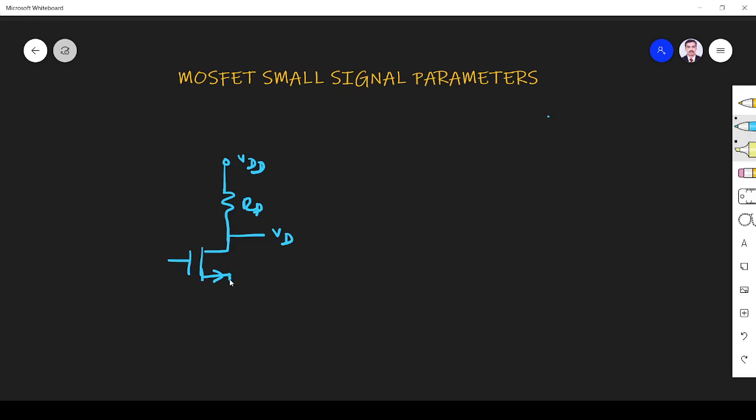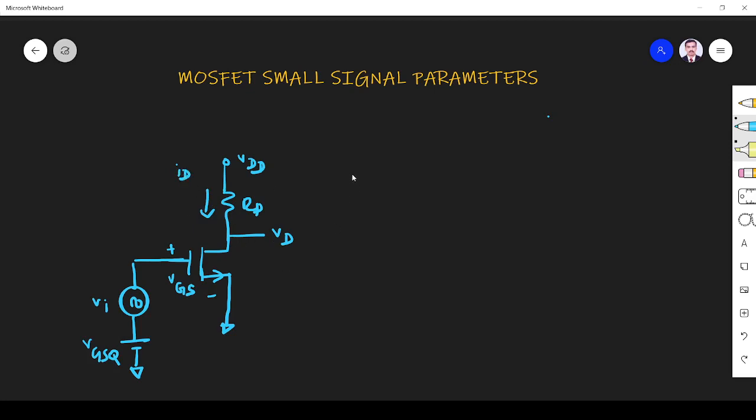Source is common, so it is grounded, and I apply both a time varying source, that is VI, and a VGSQ DC source. This is VGS. Here the drain current flows.